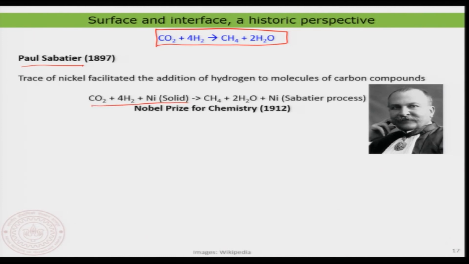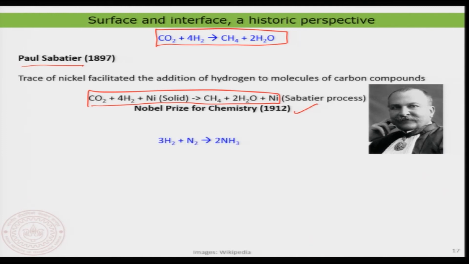This reaction is generally known as the Sabatier process, a very well known chemical reaction used for introducing hydrogen atoms to molecules containing carbon. He was awarded the Nobel Prize in Chemistry in 1912.